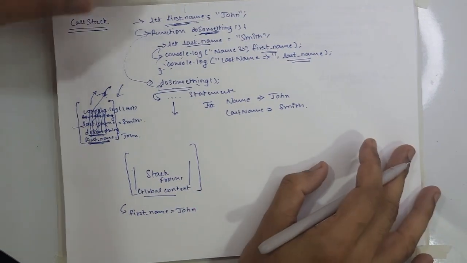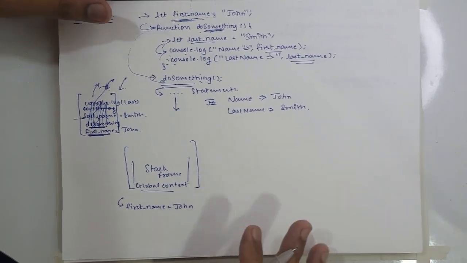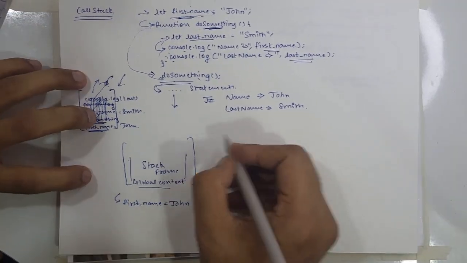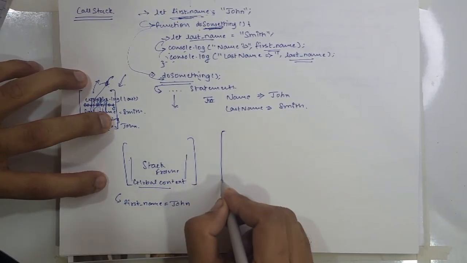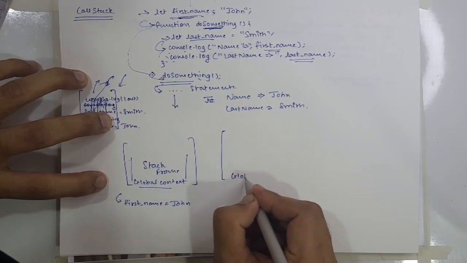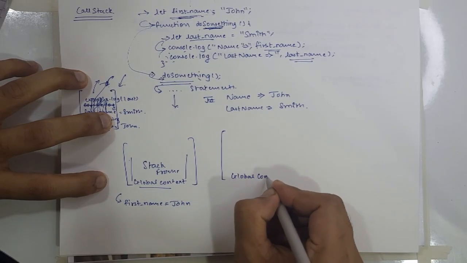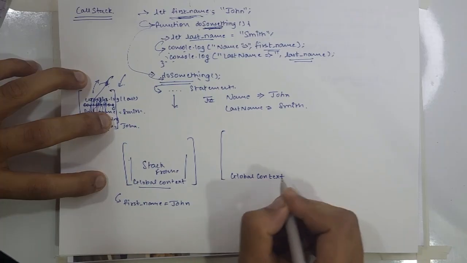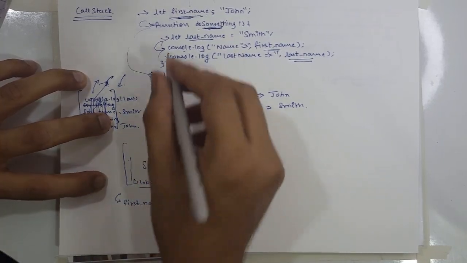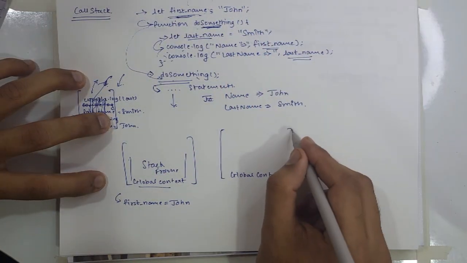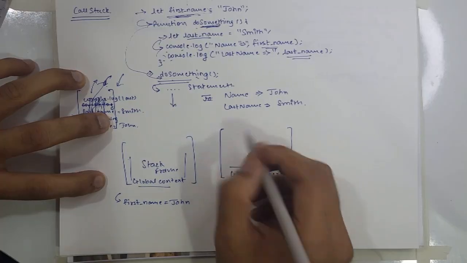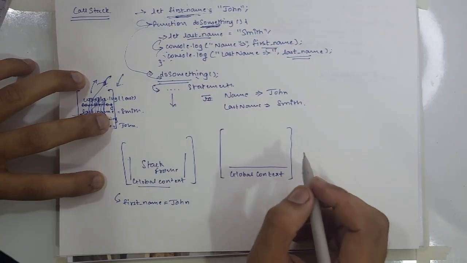Okay, let me just draw another stack over here. As I said, there will be a global context, which will have the context of all the variables defined outside the function. Above it, there will be the stack frame.